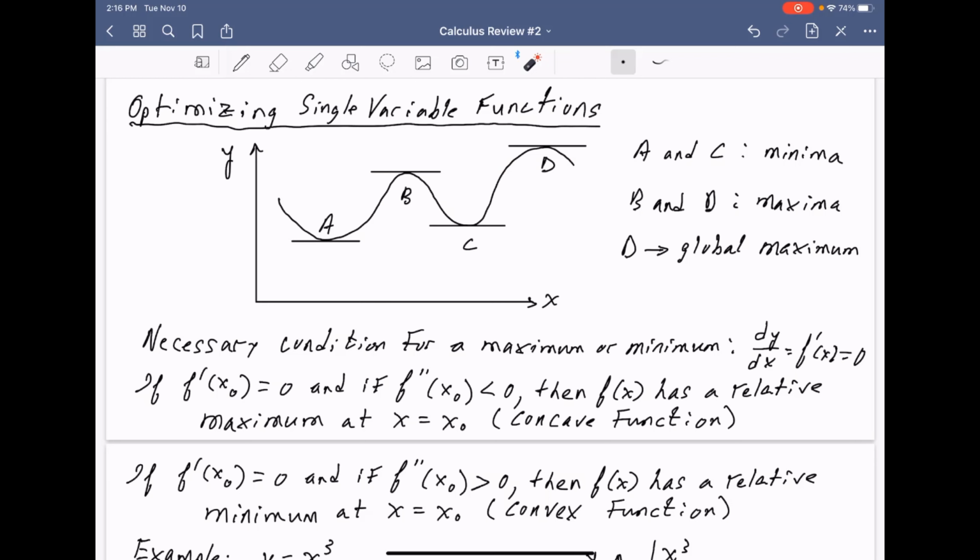Now the problem, of course, is that even with second order derivatives, we will have a hard time determining whether D is the maximum or whether B is the maximum.